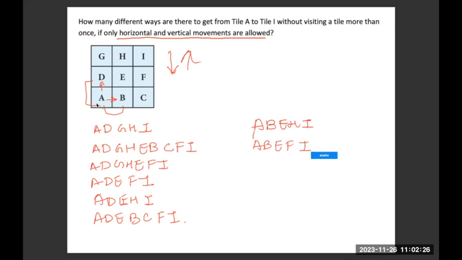Once I do all the AD series, the AB series becomes relatively simpler because the paths are somewhat the same. You just have to change from AD to AB.